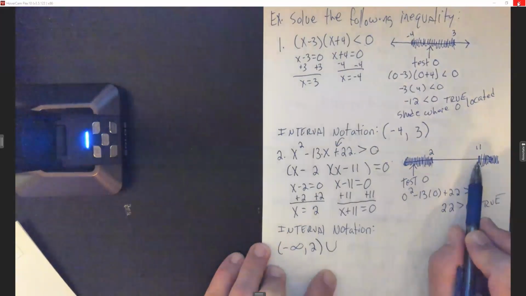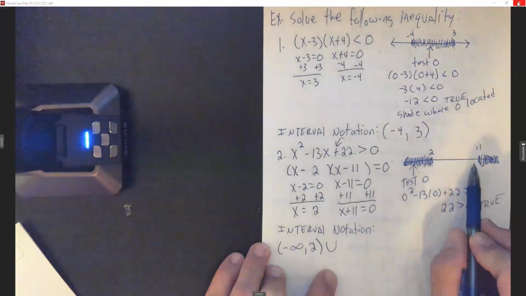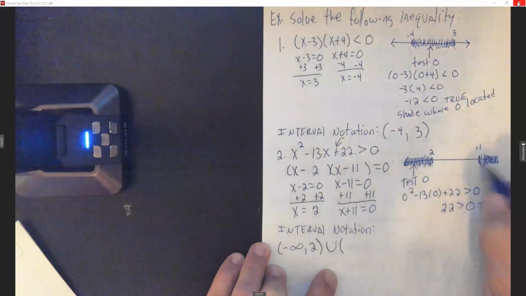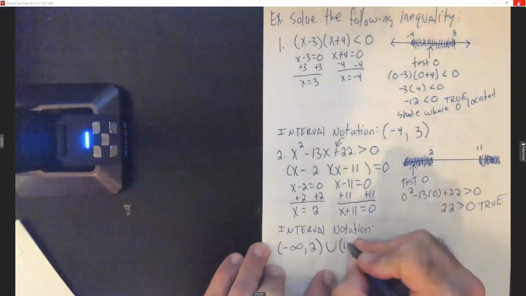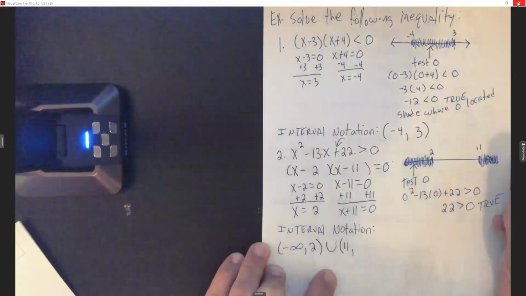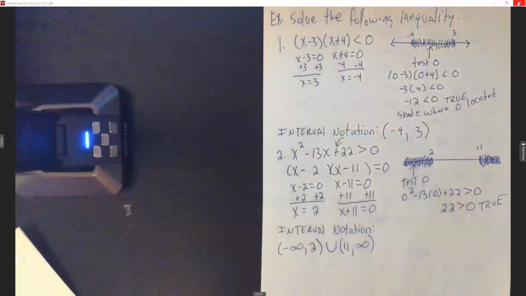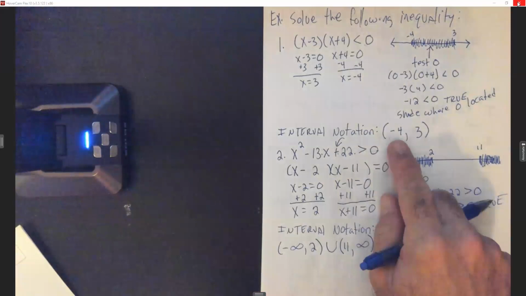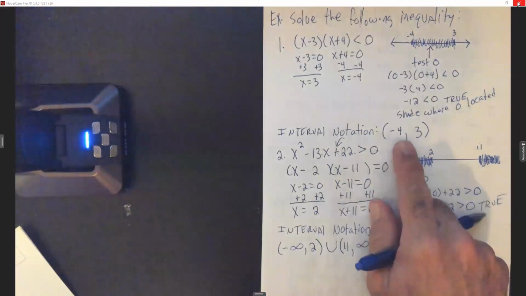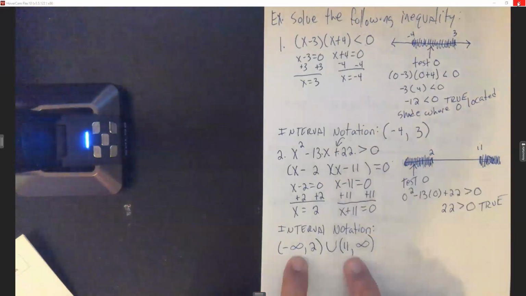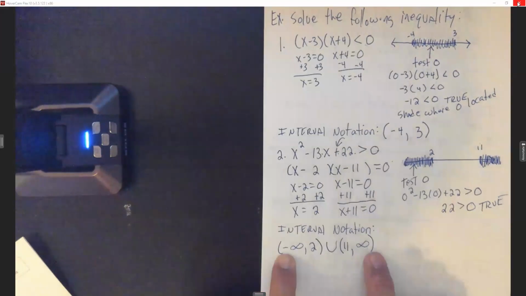You have to skip this whole section that didn't get shaded, and you have to start back up when you hit that 11. So then it'll go from that 11 all the way towards positive infinity. So if you got one interval, you get one interval on the answer. 2 intervals, you get 2 intervals on the answer, but one will start at negative infinity and the other one will end at positive infinity, okay?